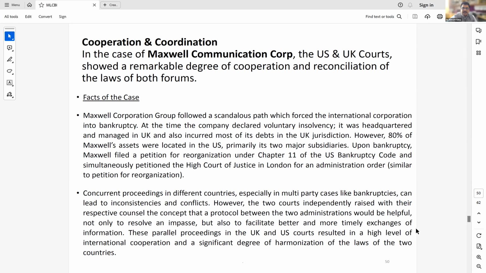There have been several cases, for example in the US and Canada, and like in the case of the US and UK, where the courts decide to sit at the same time.